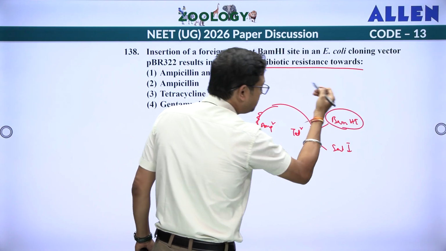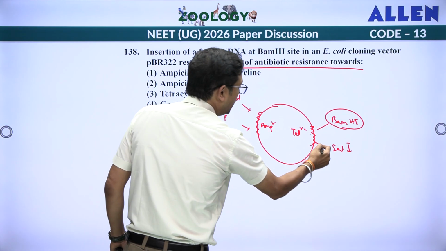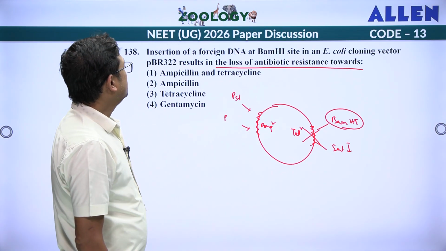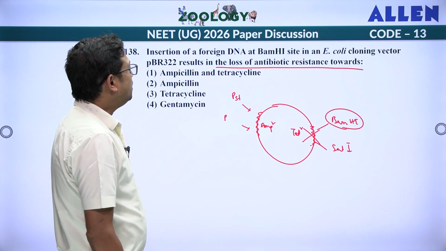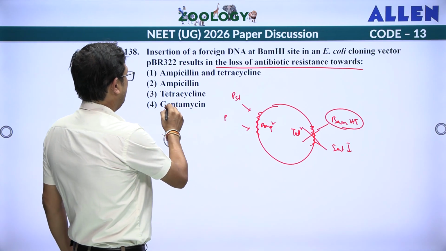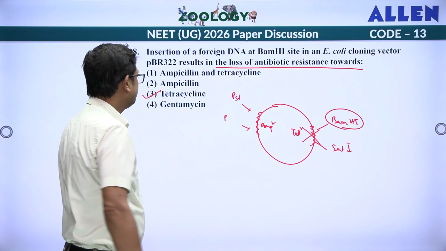So, when you use BamHI, you are cutting out the tetracycline resistance gene, right. So, the bacteria will lose the antibiotic resistance towards tetracycline. Third one is the answer.